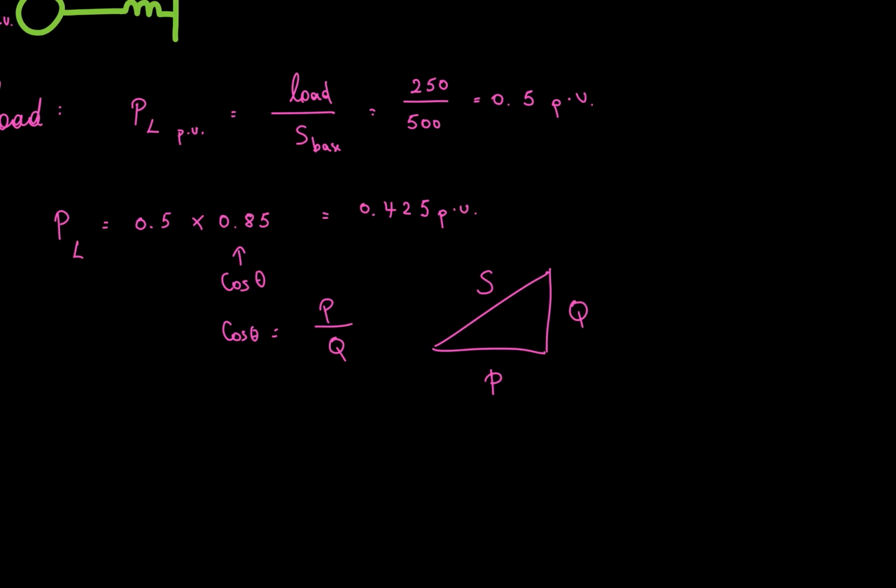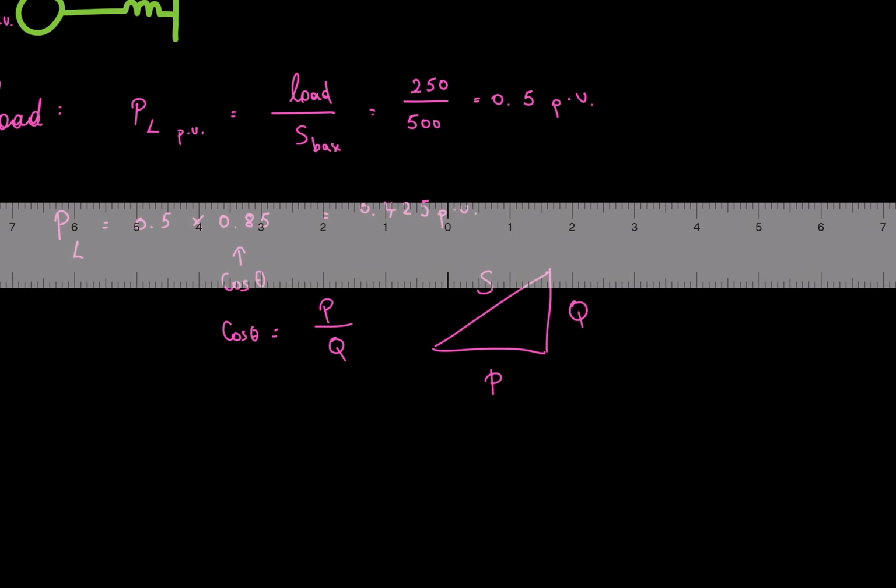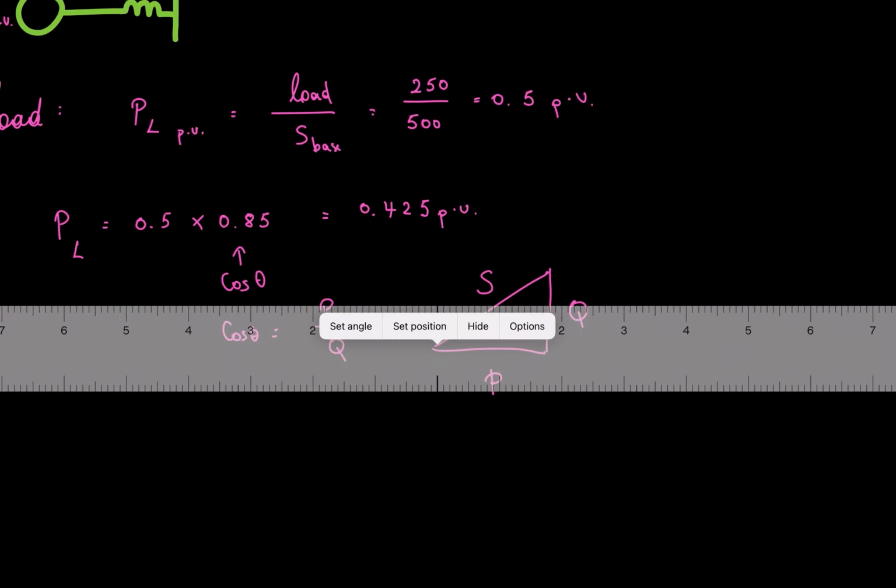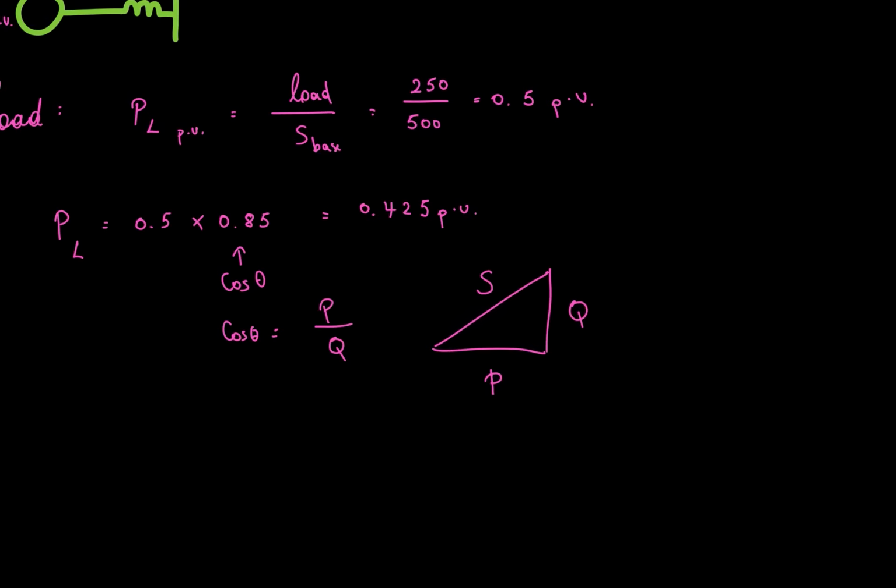And what else can we find? So we found the real power. And what else do we want to find? The reactive power of the load. So QL. This is going to be, once again, 0.5, which we found here, per unit. And we're going to multiply it by, this time, sine theta.